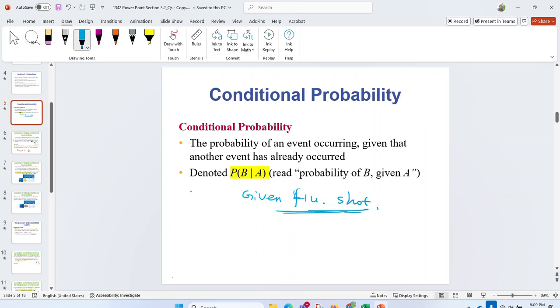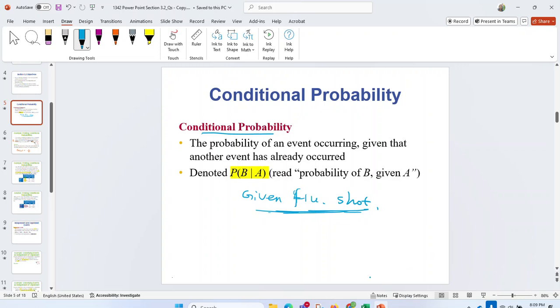In the general population, some people didn't get a flu shot and they get the flu, so that's one kind of probability. But right now I'm interested in those people who actually got the flu shot and they still developed the flu, they still caught it. So what would that probability be?